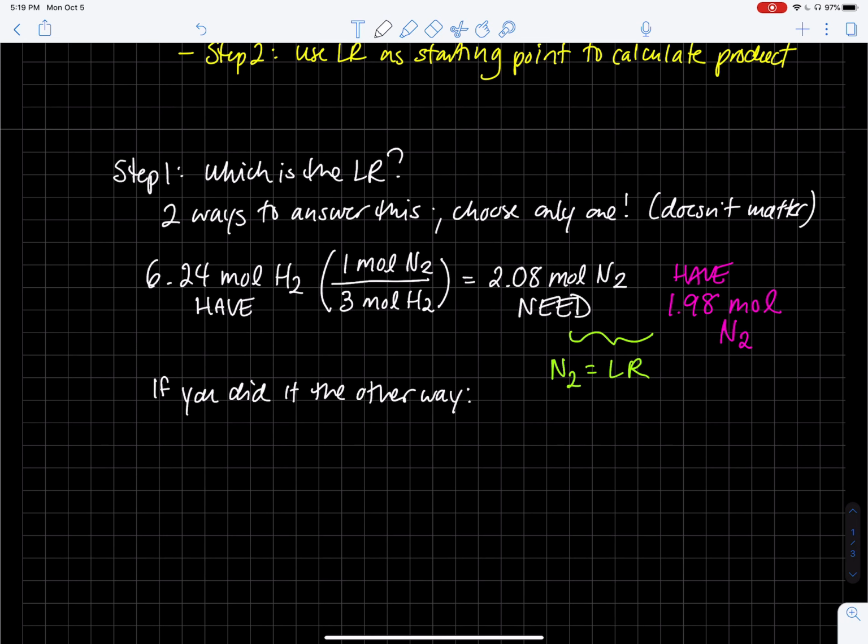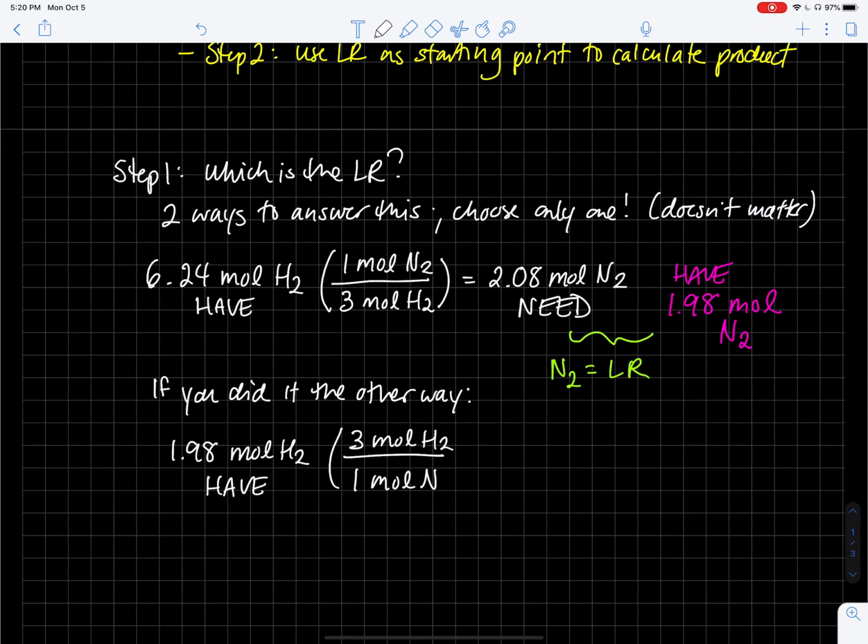You would have said, well, I have 1.98 mole N2. And again, I strongly encourage you to write down that I have that. Then if you're going to calculate how much H2 you need, here the conversion factor flips because you're trying to calculate H2. You would calculate 5.94 moles of H2, and again, I write under it very quickly, that's what I need if I'm going to react all my N2.